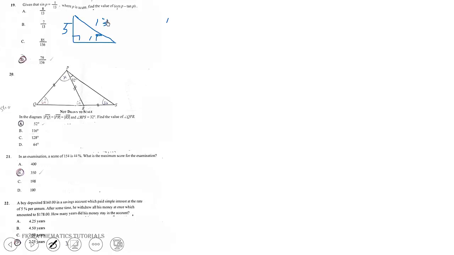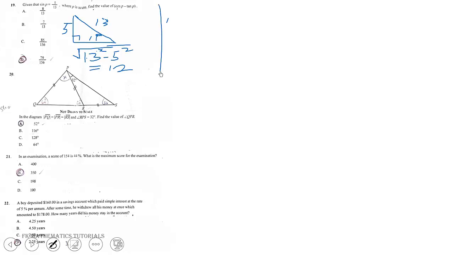So the missing side, which is the adjacent, will be given by square root of 13 squared minus 5 squared, and this will give you 12. So the adjacent is 12.